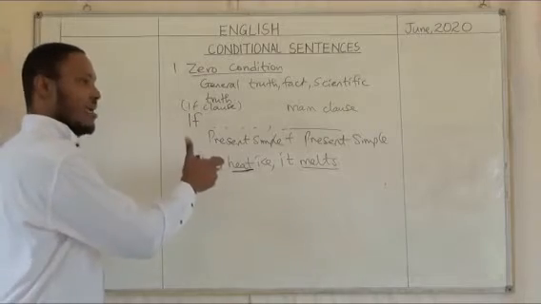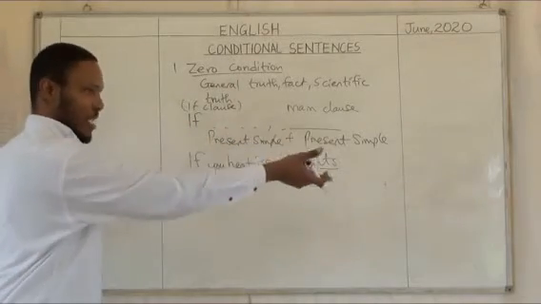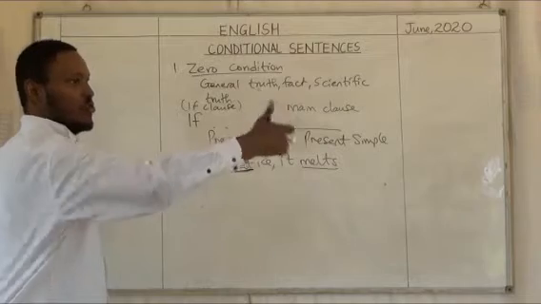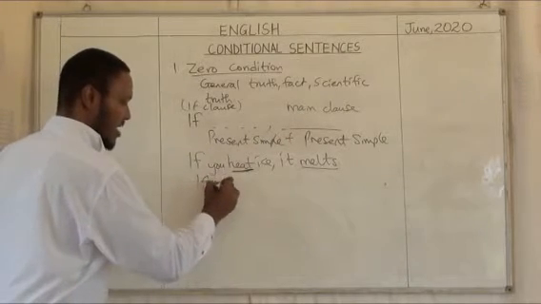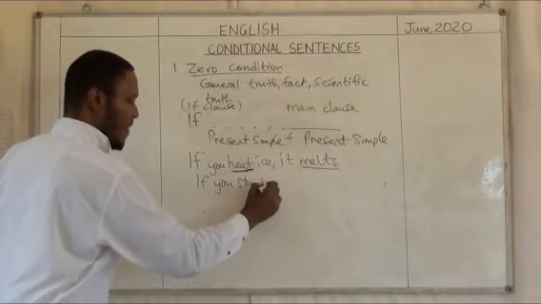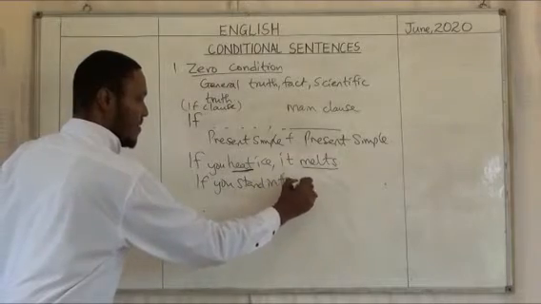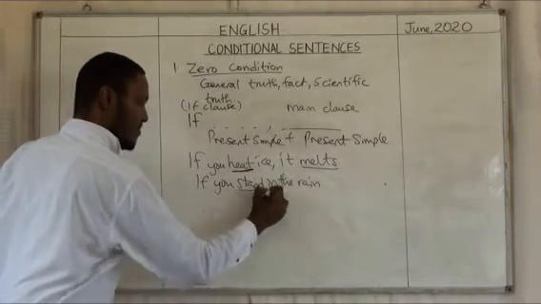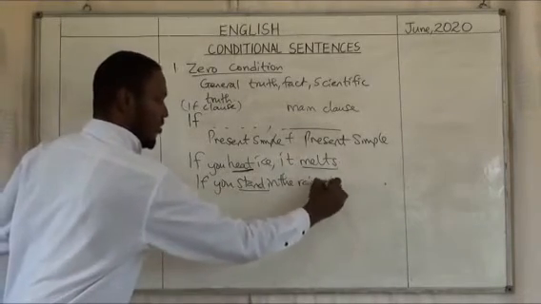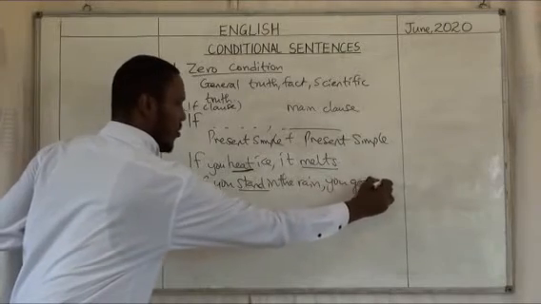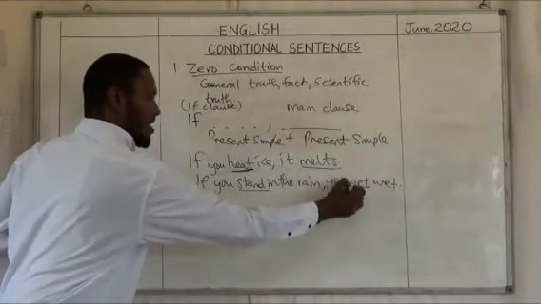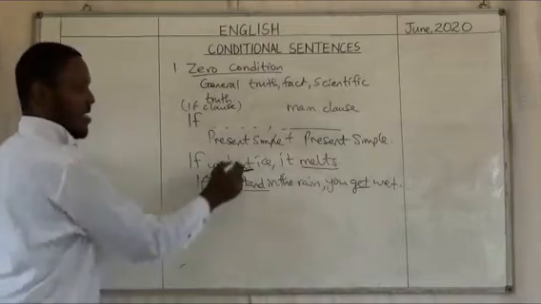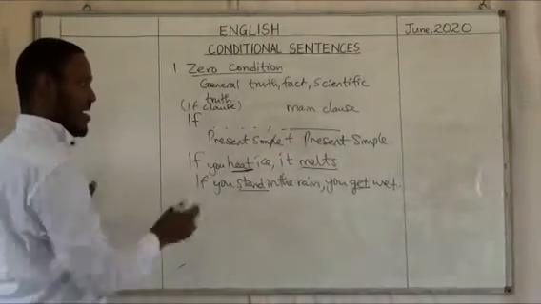If you stand in the rain, you get wet. If you stand in the rain, comma, you get wet. These 2 verbs here, stand and get, heat and melts, are in the present simple form.